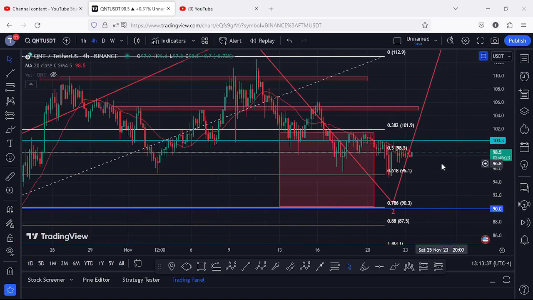And that is between the $101.9 mark and the $90.3 mark, which is the area that I have highlighted on the charts using this red target area.